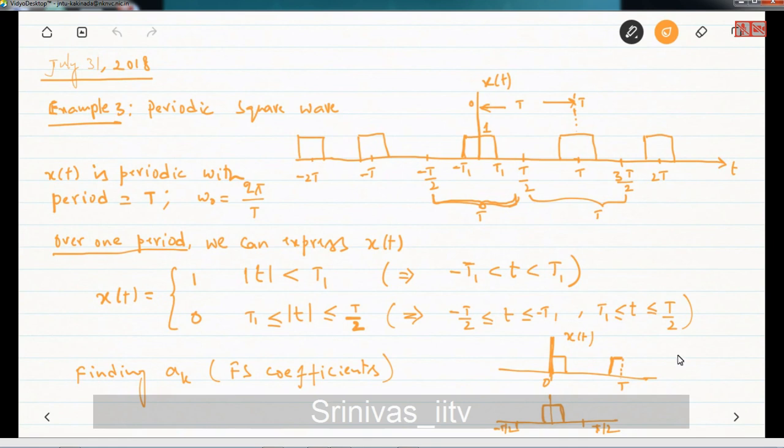This example also helps us move from Fourier series to Fourier transforms. The next topic we will study is Fourier transforms, and defining Fourier transforms needs some clever thinking. So this example helps us understand how Fourier transforms can be developed based on Fourier series, right?